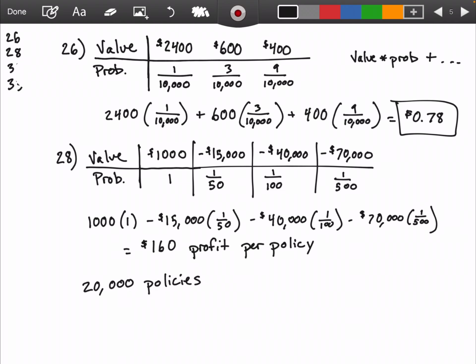There are 20,000 policies, so you go 20,000 times 160. There we go. Oh my gosh, it's like 32 million. Oh, it's 3,200,000.